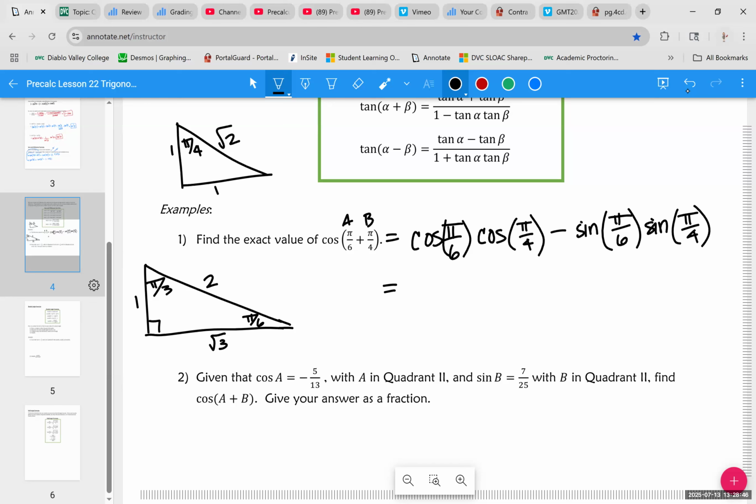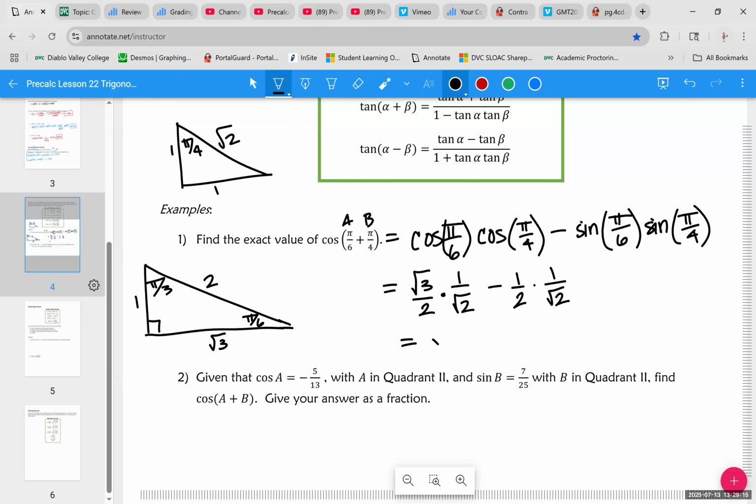So cosine of pi over 6, cosine would be adjacent over hypotenuse. Cosine of pi over 4 would be 1 over root 2, or root 2 over 2. Sine of pi over 6 would be opposite over hypotenuse. And sine of pi over 4 is the same as the cosine.